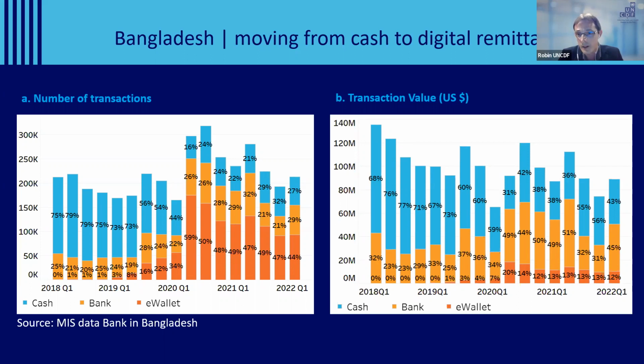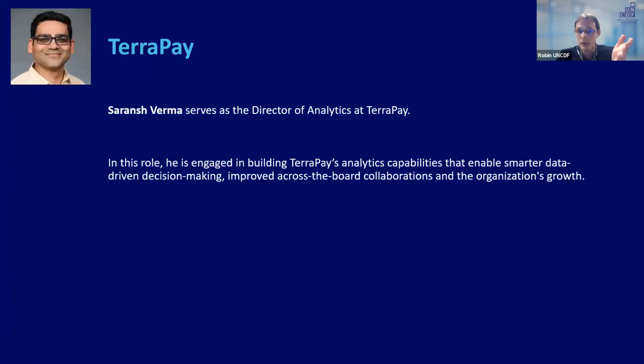All of them, I think, will have fantastic examples and experiences of setting up these detailed systems that are very powerful indeed for policy making. In this context, it's really my pleasure to move to the call to Saranj from TerraPay, who's the lead data analytics of this global remittance hub, and they have lots and lots of data. Saranj, over to you.